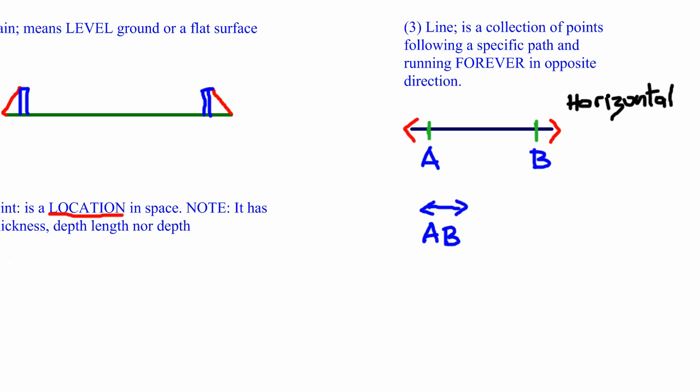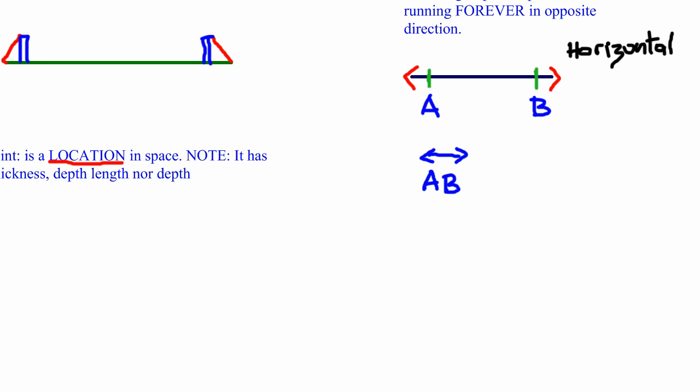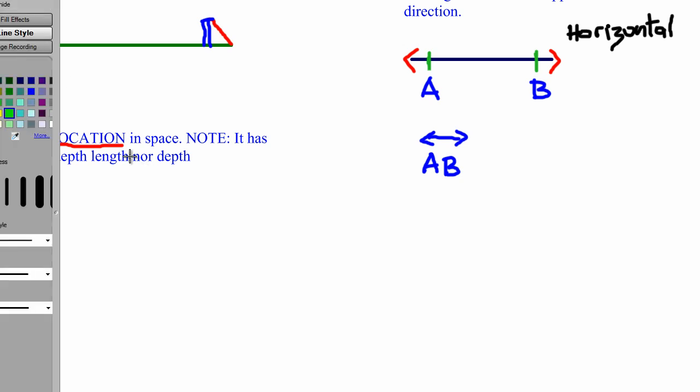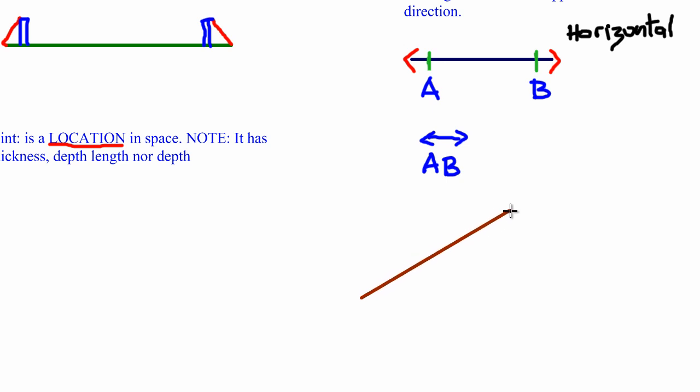Now, there are other types of lines that I would like you to be familiar with. Let me change my color quickly. I'm going to be working with a red line. This line, if you notice, is sloping downward from right to left.